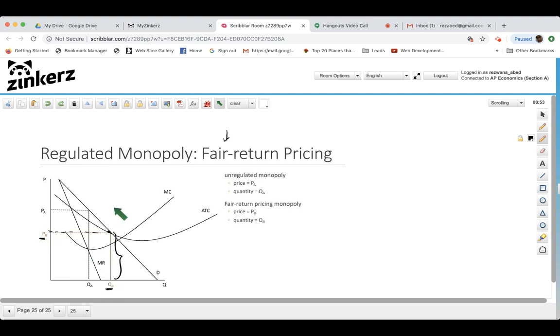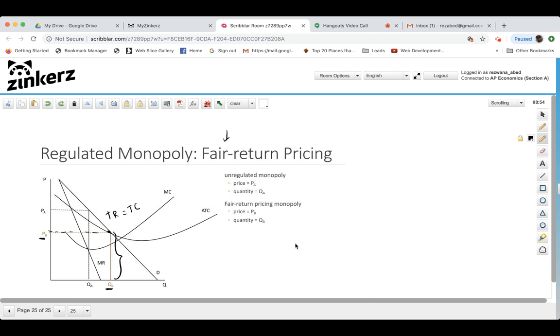So total revenue here is going to equal total cost. What does that mean for us? Do they have profit, loss, or what? What would they have, you guys? The profit?